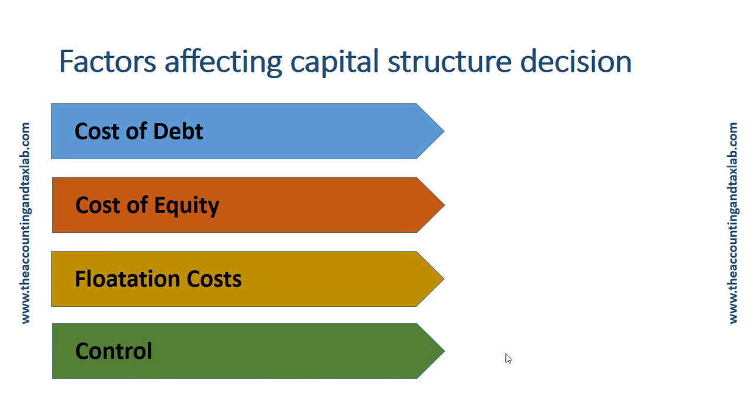And then we should be looking at the flotation cost. These are costs like legal fees, audit fees, or fees paid to stock exchanges. And then we have to be looking at the control. So if we have to raise equity, how much control should we be giving to the equity shareholders to participate and influence our decisions?